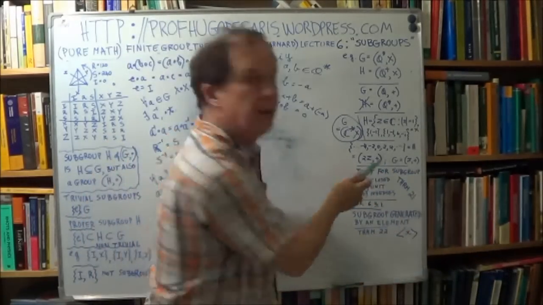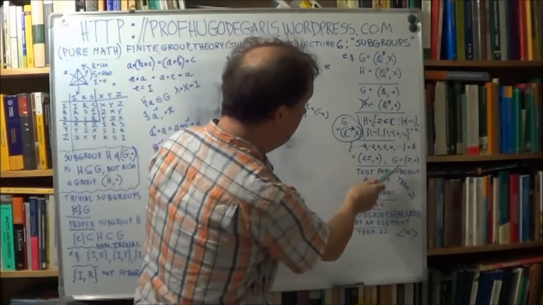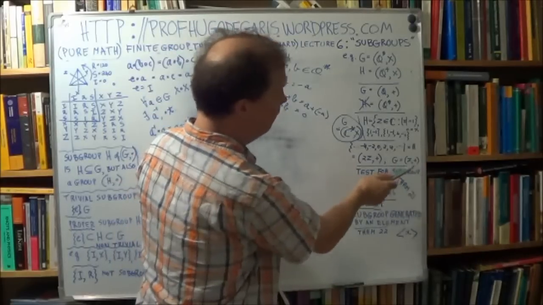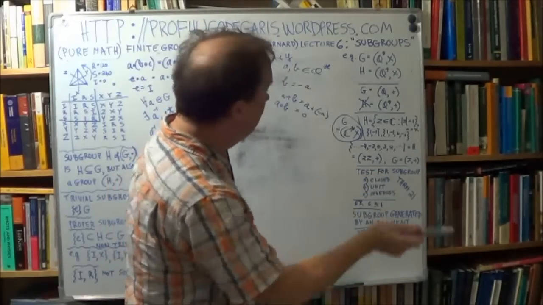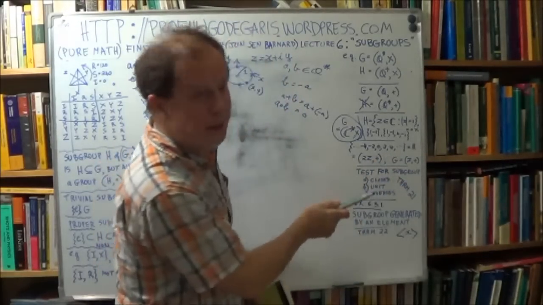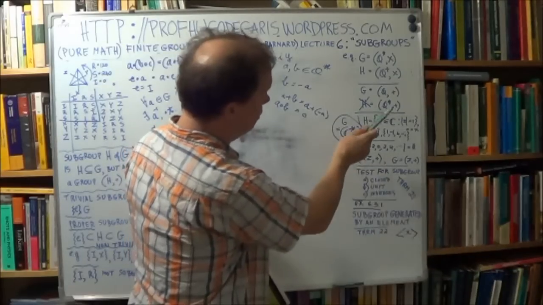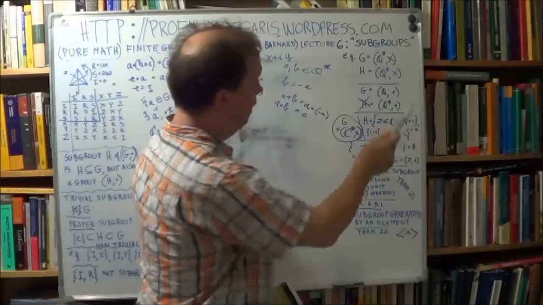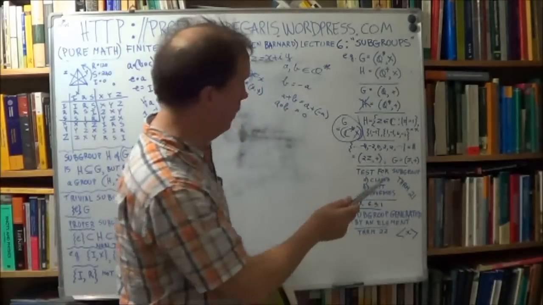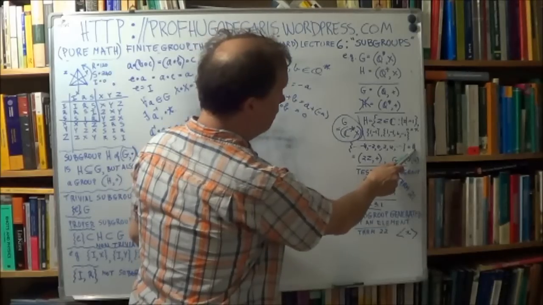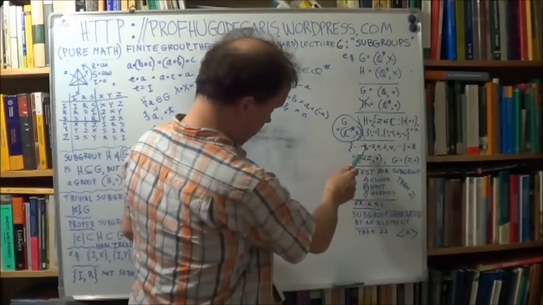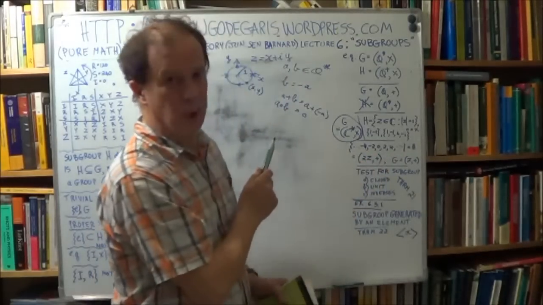Right, here's another one. You have the group is just the set of integers, Z, and the binary operation is just plus, that's a group. Now this set, dot dot dot, -4, -2, 0, 2, 4, dot dot dot, call that set H. It's actually a group with this binary operation of plus, and H is obviously a subset of Z. Z is the set of all integers, and this is the set of all even integers.